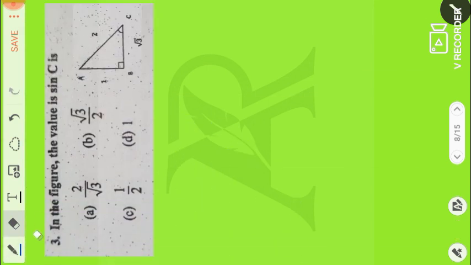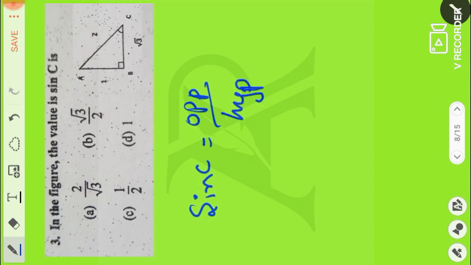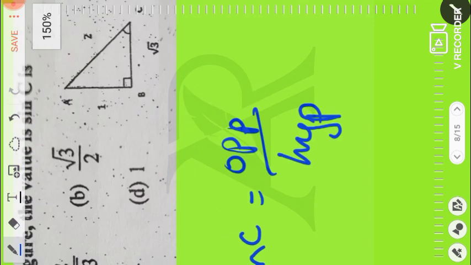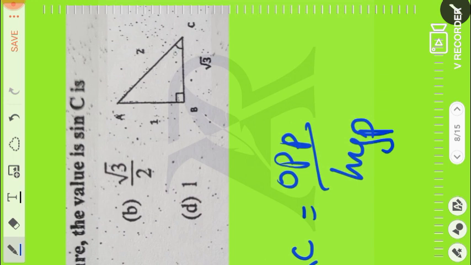Let us see the next question. In the figure, the value of sin C is, we need to find the value of sin C. We know the definition for sin C, that is opposite by hypotenuse. In this given triangle, we have to identify the angle C. This is nothing but angle C. The side opposite to this is this one. I will take this as opposite, and this will become adjacent, and the side opposite to the 90 degree angle is hypotenuse.